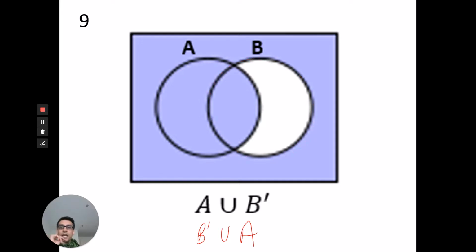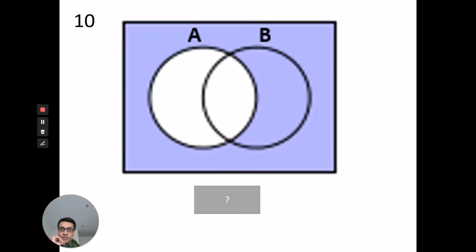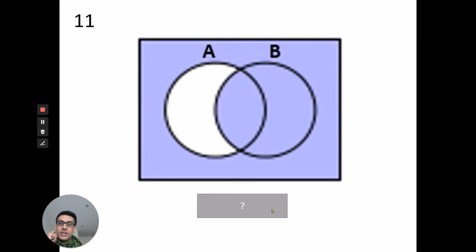Okay, question 10. Have a go. Okay, so for this one, you should have not A, or A dash, or complement of A. Question 11, what's happening here? What's been shaded in?